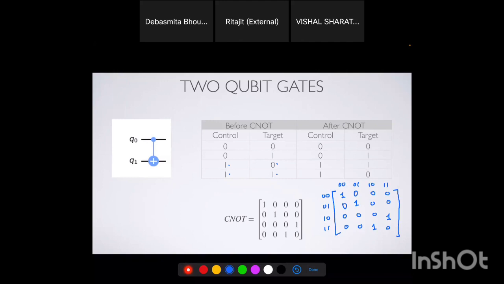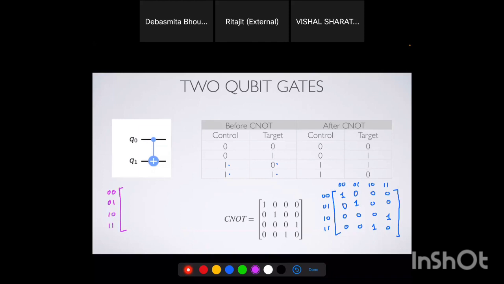And one more thing, Anisha asked to repeat the matrix formation process again. Yeah, sure. So let's do the calculation once more. You have two qubits. The qubits can be 0 0, 0 1, 1 0, 1 1.